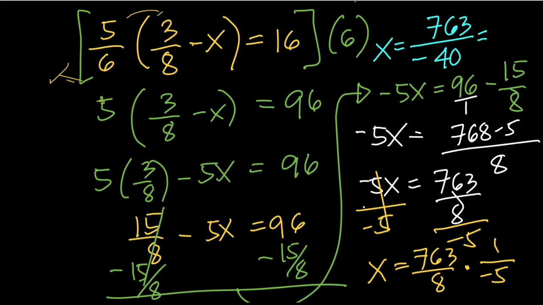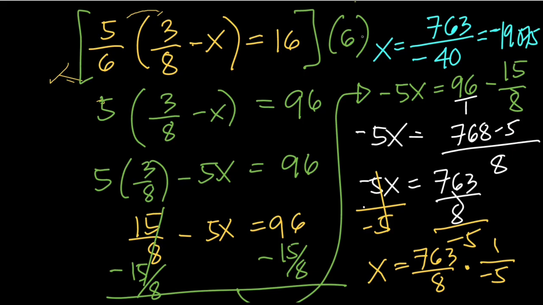So what is that? I think you need to use a calculator. Are you allowed to use a calculator? Okay, so 763 divided by 40, that is negative 19.075. How come it's not in the choices? Maybe we made a mistake.